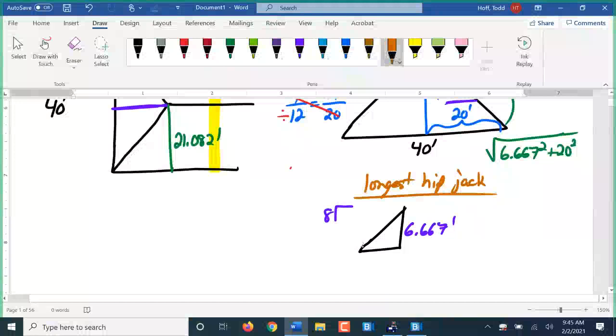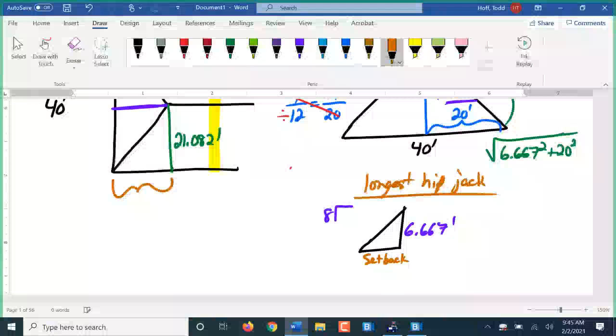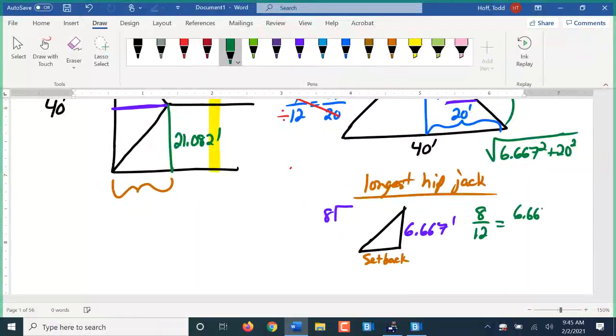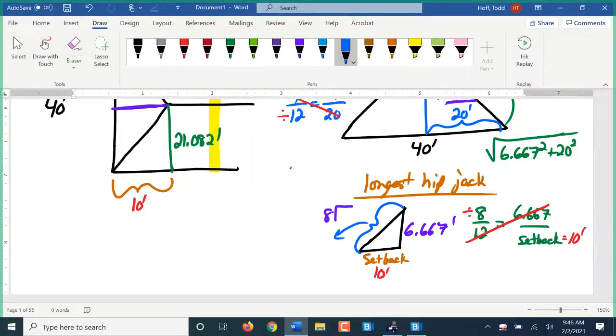So this down here is our setback. That's this dimension right here. We're going to find it using our slope. 8 over 12 is 6.667 over that setback. When we cross multiply and divide, we get the setback, 10 feet. Next, from that longest hip, we've got the setback. We also need to find the length of that longest jack.